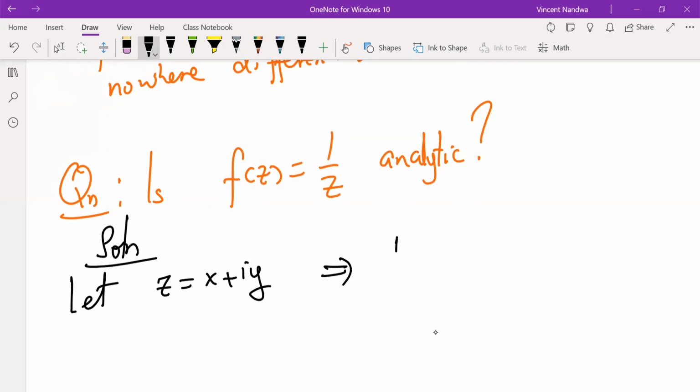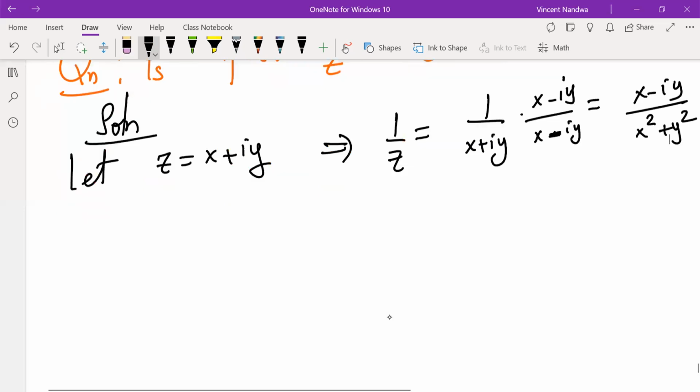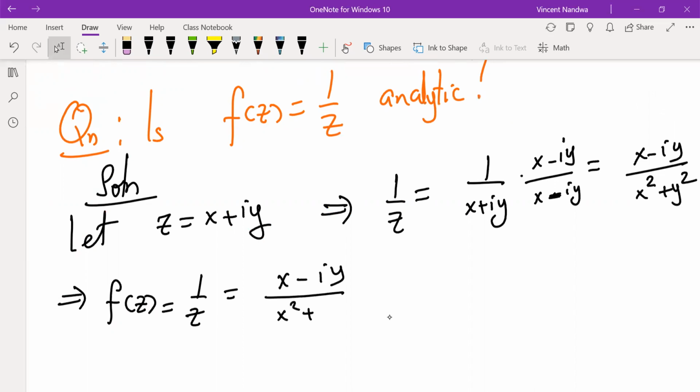So this means 1 over z is 1 over x plus iy. So we can rationalize this. We have x minus iy over x squared plus y squared. So f of z is 1 over z, x minus iy over x squared plus y squared.